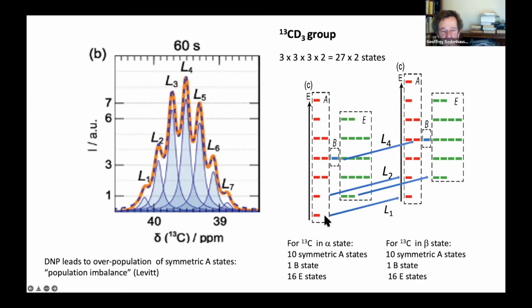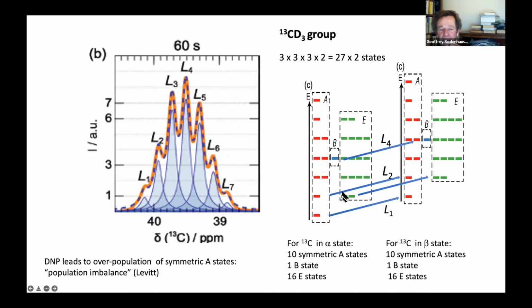And the lines, the carbon-13 lines, go between the C alpha manifold and the C beta manifold. So for example, this blue transition here is between the bottom state here and the bottom state here, and that gives the leftmost line that you see here.